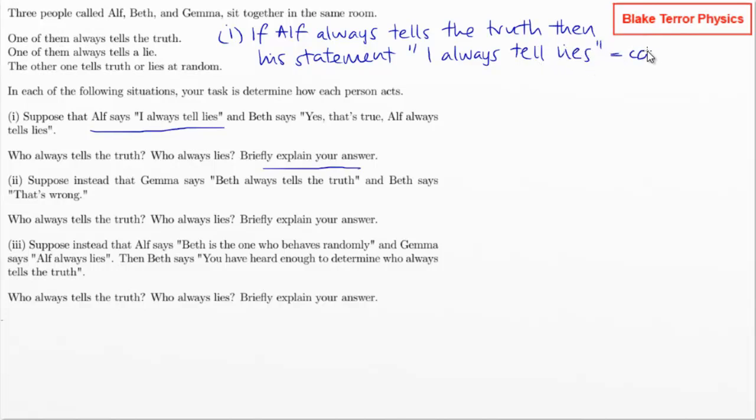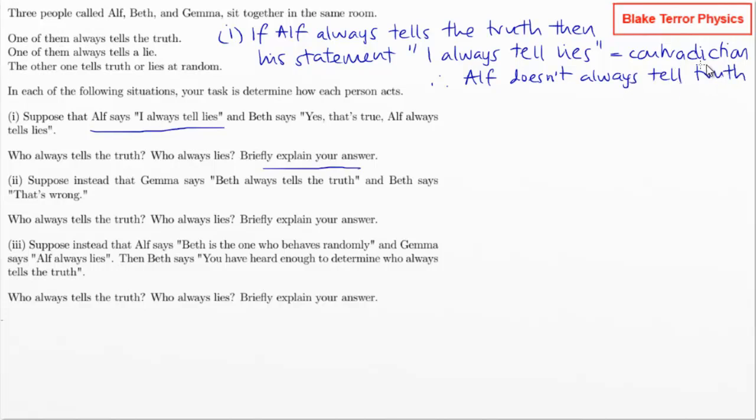I'm just going to put equals a contradiction. Obviously, put is a contradiction, but I've not got much space on here. So then we can say, therefore, Alf does not always tell the truth. So that's a good start.